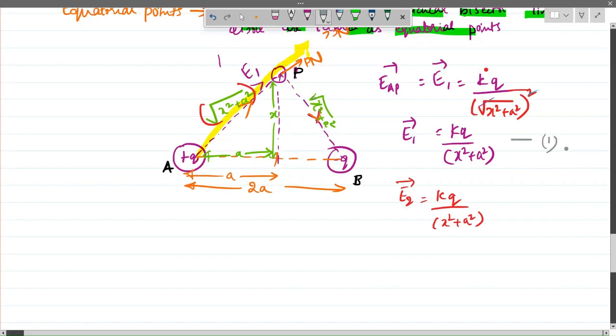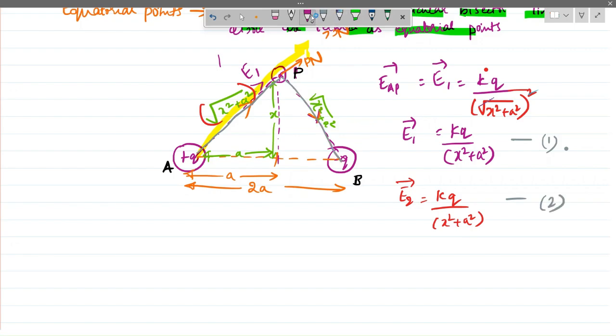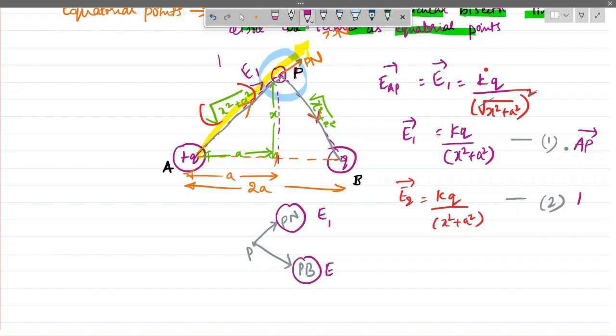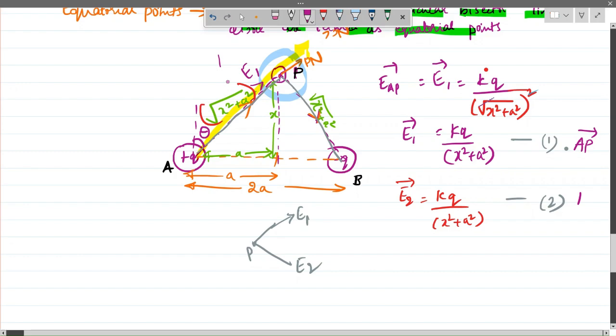So this E1 is acting along AP, and this E2 is acting along PB. We magnify this portion. This is our point P. PA is acting along this direction and PB is acting along this direction. So this is represented by E1 and this is represented by E2, and each is making an angle of theta with respect to the vertical.